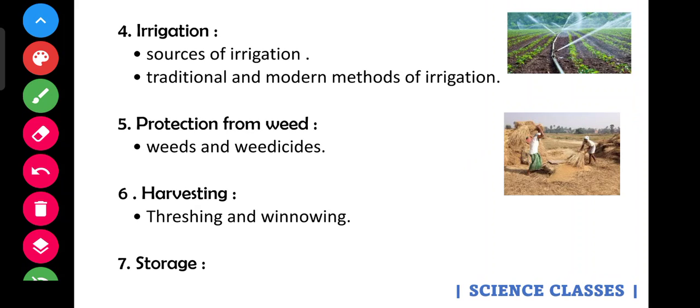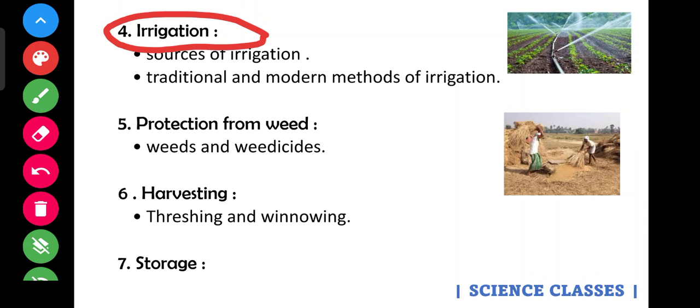The fourth step in the cultivation of crops is irrigation. Quite a known word. Water is absorbed by the plant roots, isn't it? Yes. Water is very essential for plants. No matter what, we all need water. Now, what does irrigation actually mean?